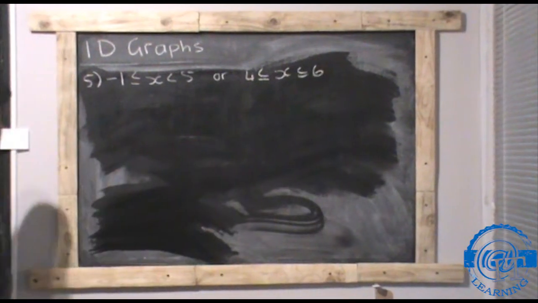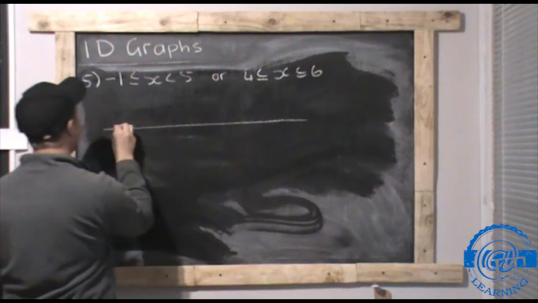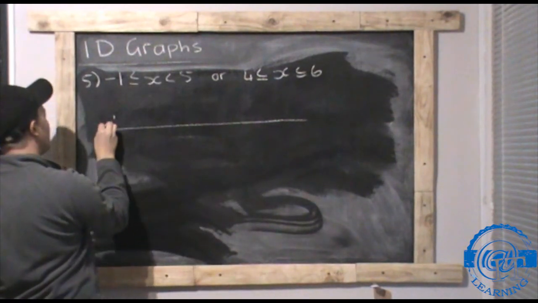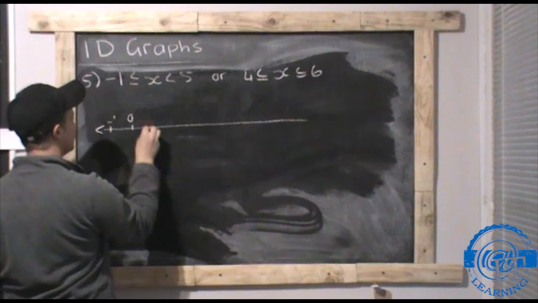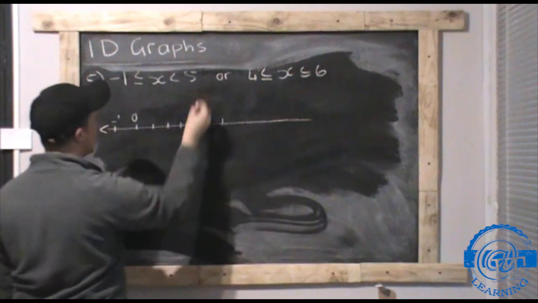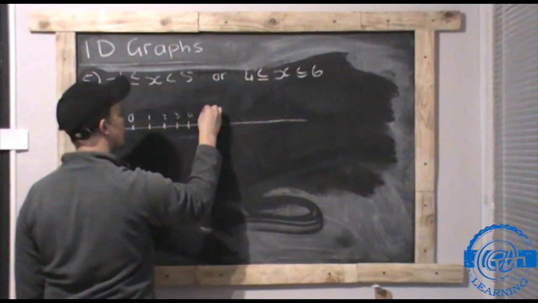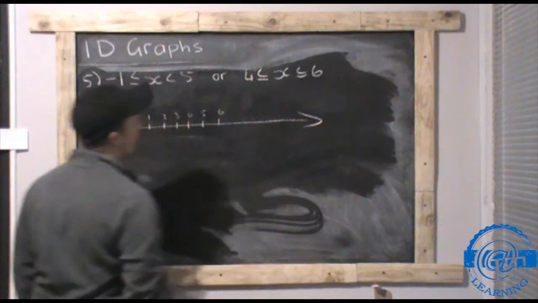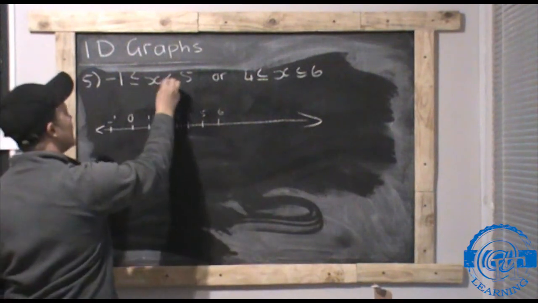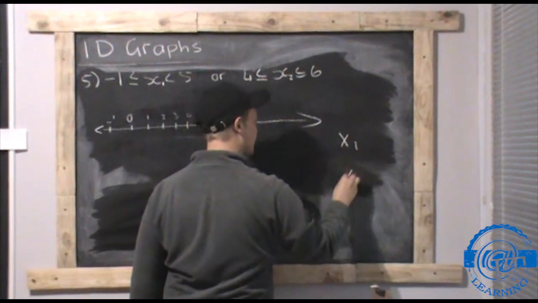Cool. Now, let's draw a graph. Our minimum value would be minus 1. 1, 2, 3, 4, 5, 6 is our max value. We have two variables, so let's give them distinctive names, x1 and x2.